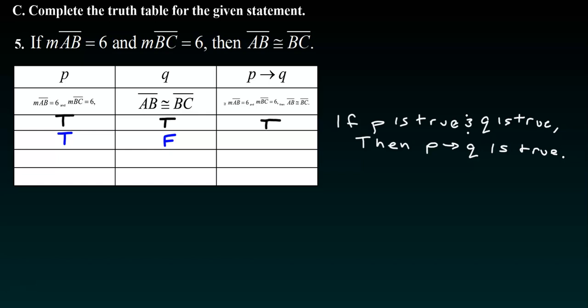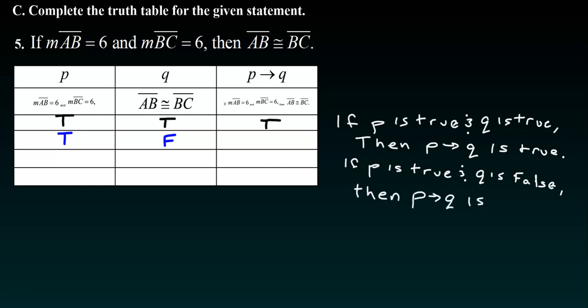So if P is true and Q is false, then P implies Q is, and that's what we have to determine.